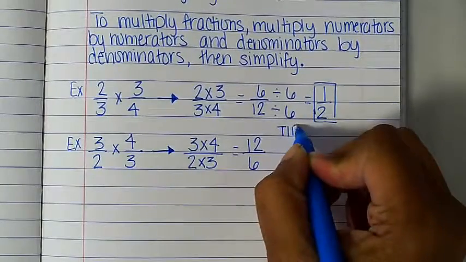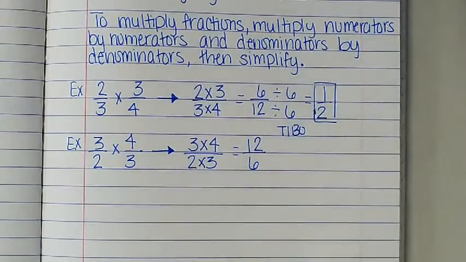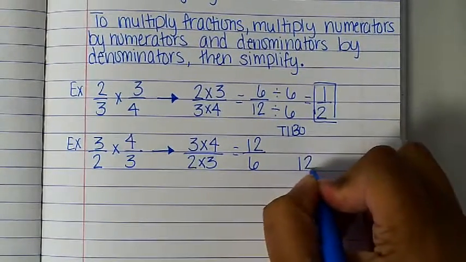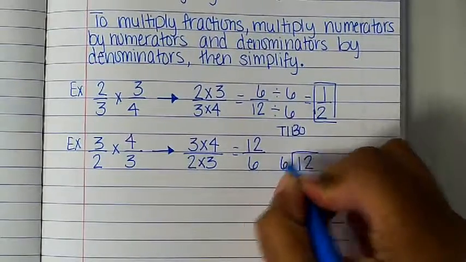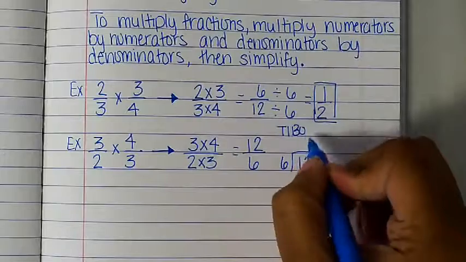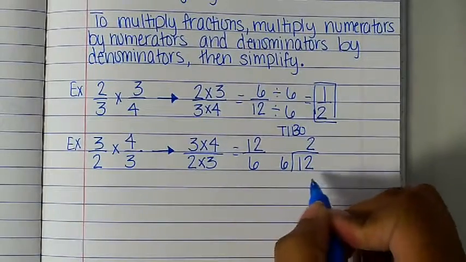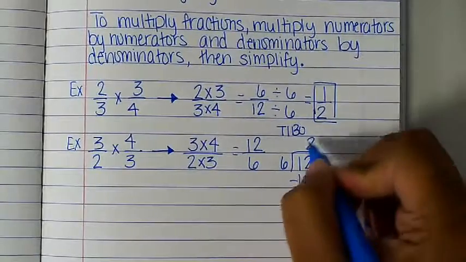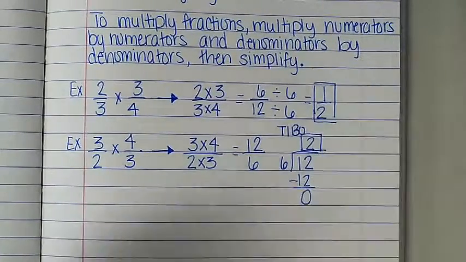Divide. 12 divided by 6. 6 goes into 12 how many times? 2 times. 2 times 6 is 12. Subtract, you get 0. Final answer is 2.